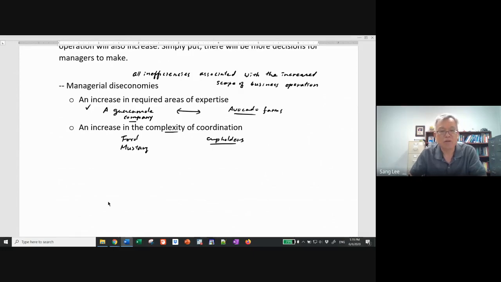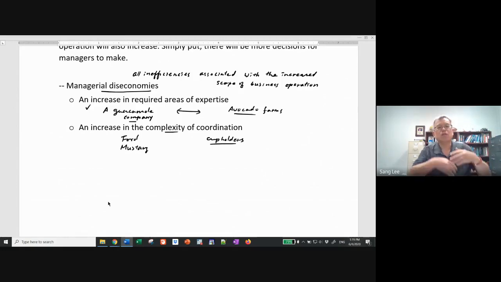And we call this simply managerial diseconomies. And there are two examples. One is that management needs to acquire a new set of expertise as it adds a new division. And also there will be an increase in the complexity of coordination.